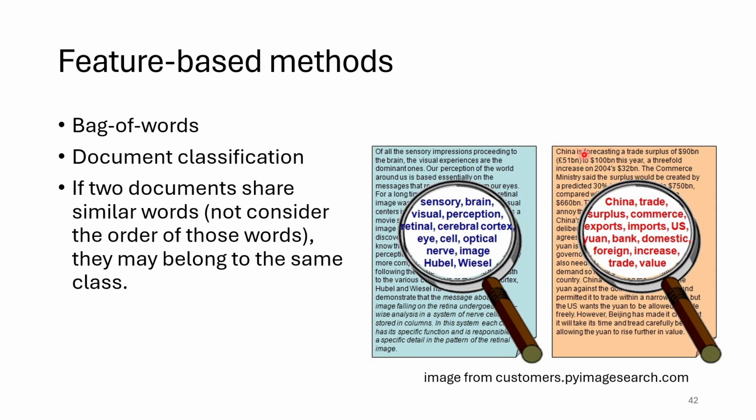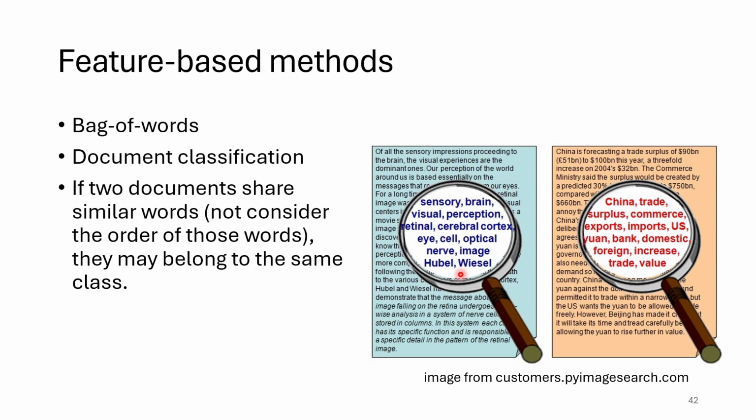The straightforward approach is that we can collect many words as a bag of features, and we can compare whether this document and that document share the same words, or whether their frequencies for those words are similar to each other. If so, they are likely to be the same class of document. So that is what bag of words means.